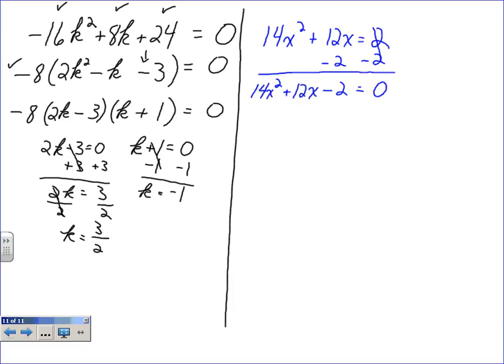And we factor. We want to make our factoring a little bit easier. And I look at the 14, the 12, and the 2. And what can I factor out of there? Yeah, 2. All right, because every one of those numbers is divisible by 2.